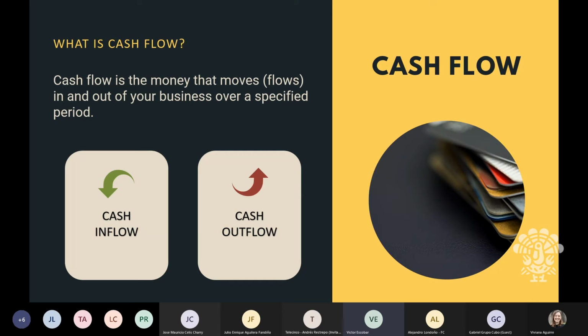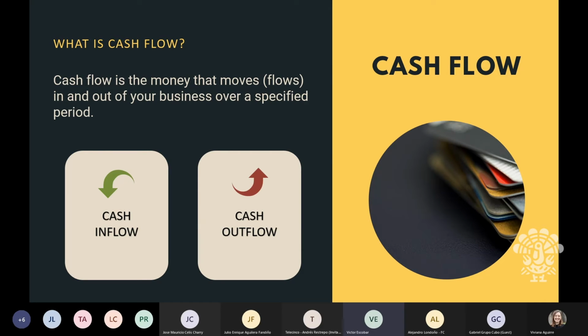And the cash outflow, that is the second one, is any cash that is leaving your company, such as the salaries that you're paying, the rent that you're paying, or even items that you have bought with a credit card or with credit. It's something that you haven't paid completely, but you will need to pay in the future.